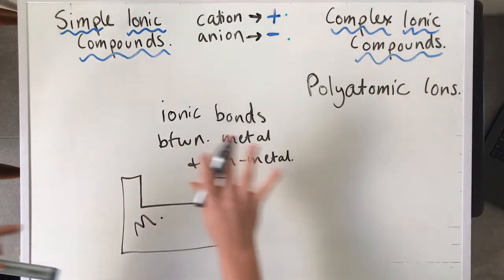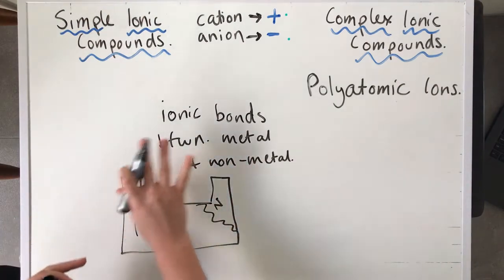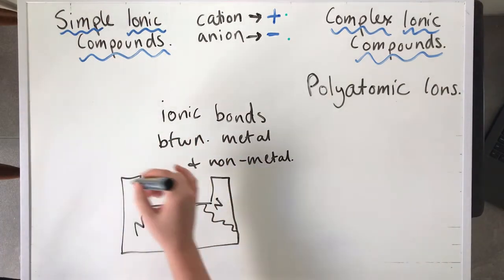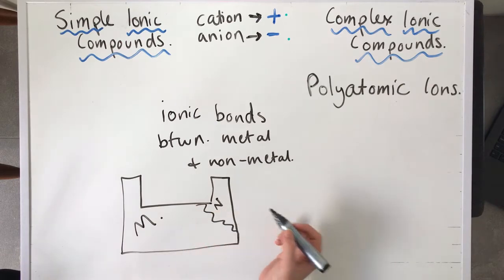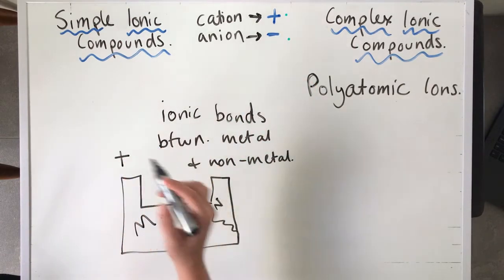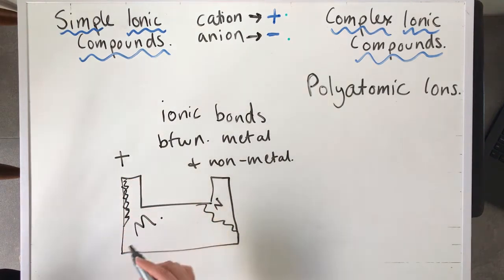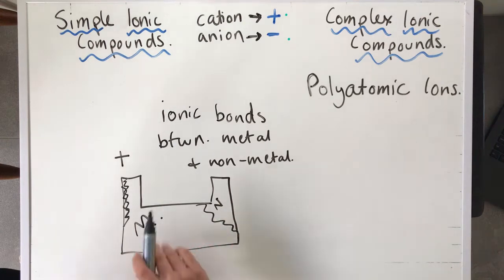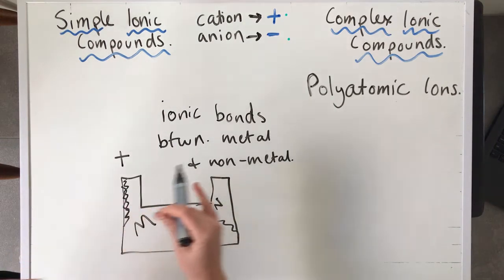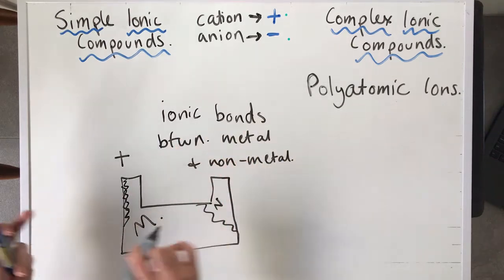Because of the nature of our valence electrons, our valence shells, the left-hand side of our periodic table are our metals and they will form our cations. Because they are located on this left-hand side, they've only got a few electrons in their valence shell, so they're quite happy to lose those electrons. When they lose electrons, now there's a leftover positive charge.